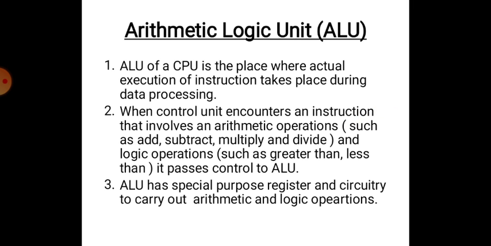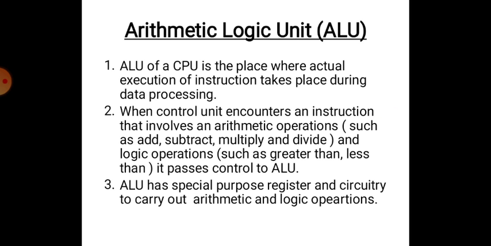Next we will go to arithmetic logic unit. Point number 1. Arithmetic logic unit of CPU is the place where actual execution of instruction takes place during the data processing. Point number 2. When the control unit encounters an instruction that involves arithmetic operations such as addition, subtraction, multiplication and division, and logic operations such as greater than, less than, it passes control to ALU.